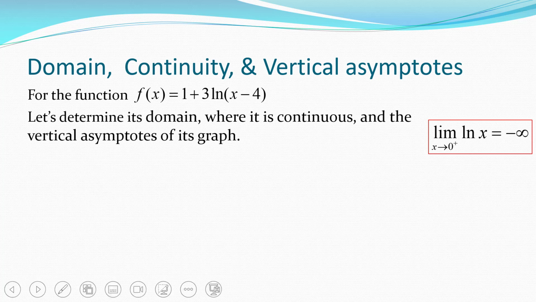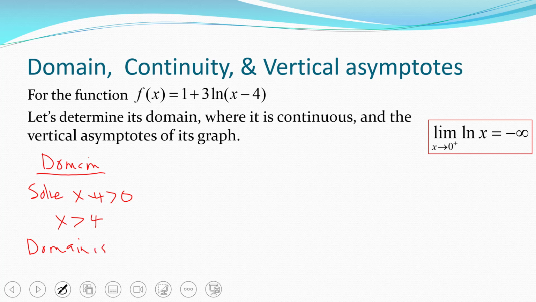So, in this case, to find the domain, I'm going to solve that x minus 4 is more than 0. That way the natural log is defined. So that's clearly x is more than 4. So the domain is the set of all numbers bigger than 4.